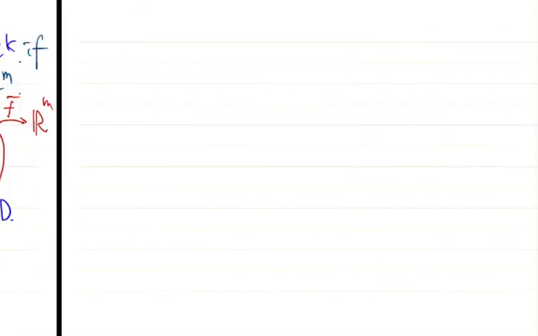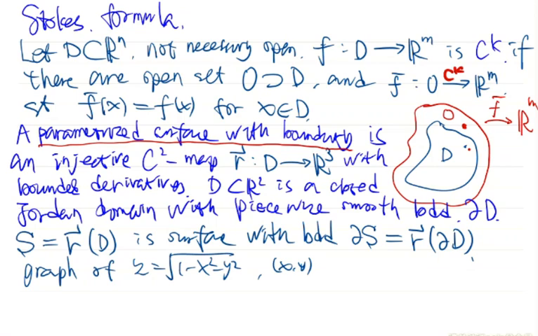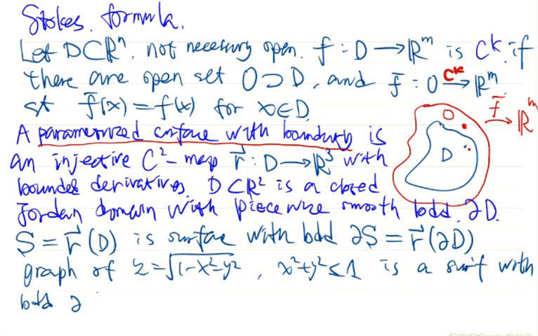For example, the hemisphere, the graph of this function, is a surface with boundary. The boundary is the unit circle in the xy plane.